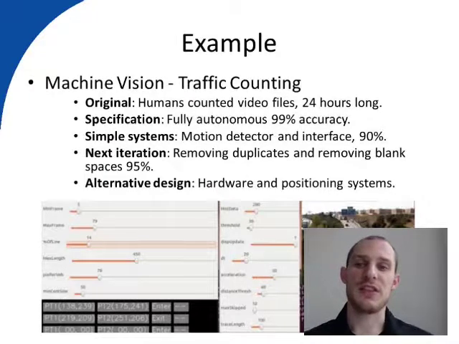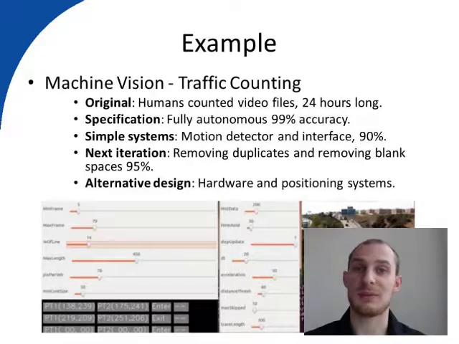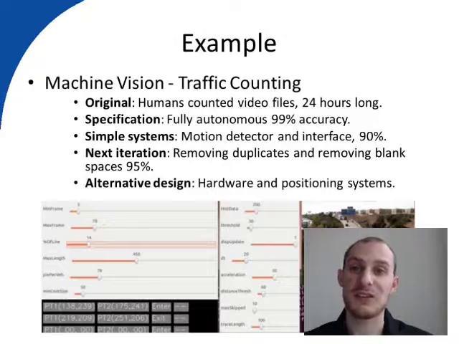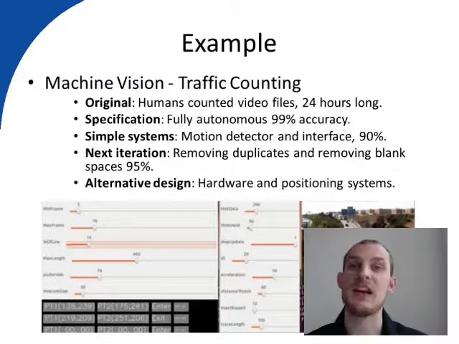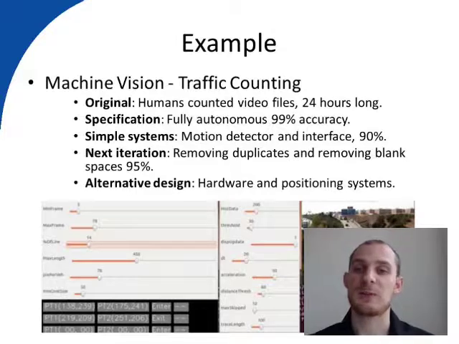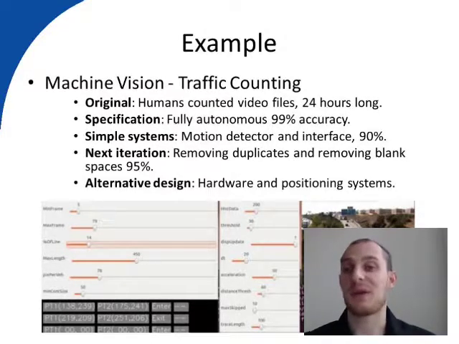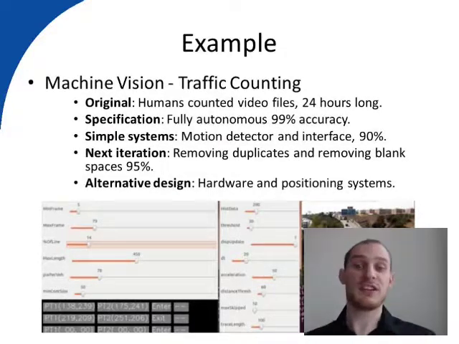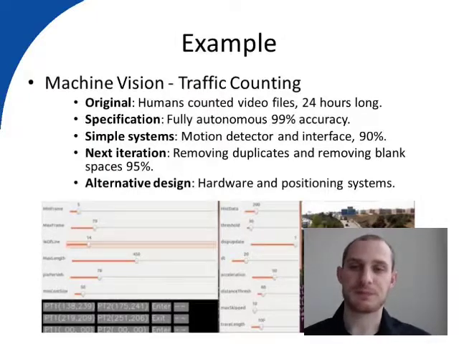This is getting into the quality control elements: what can we do to make sure these environmental factors won't affect the system? They went out and set up the hardware so the camera parameters were consistent and would not change if a truck went past very quickly. From that, they were able to achieve their 99% accuracy using the software we had developed.